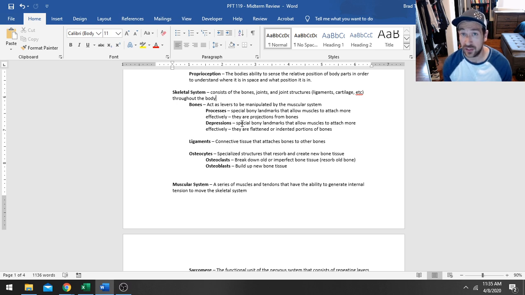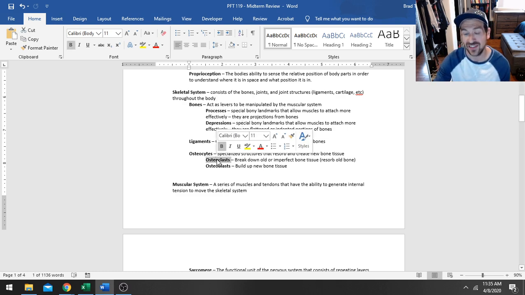Now, your bones are continually going through a process called bone remodeling, which involves resorbing old bone, or if you want to think of it as reabsorbing, that's actually a pretty good way to think about it, and the building up of new bone tissue. You have special cells which are in charge of resorbing and building up new bone. Those two types are osteoclasts, which are your bone breaker downers. Their job is to basically eat away any imperfect or old bone tissue that needs to be resorbed.